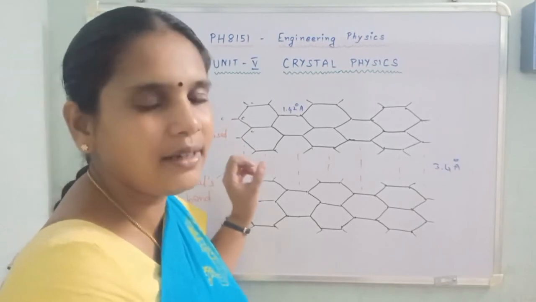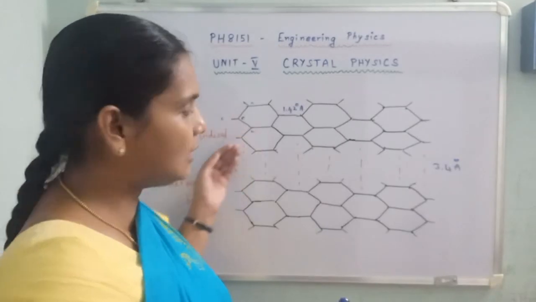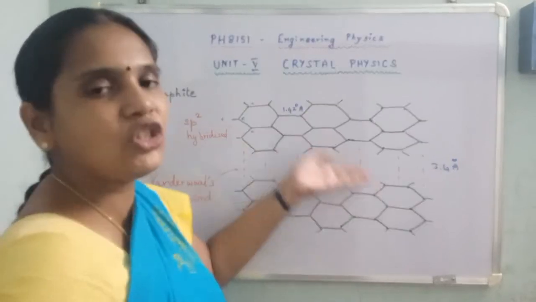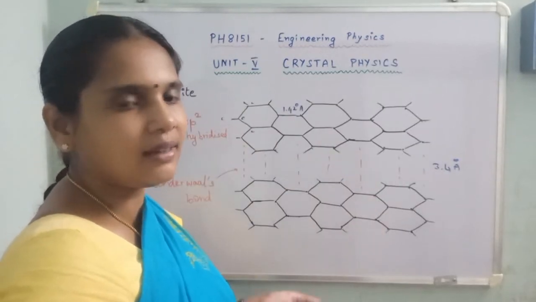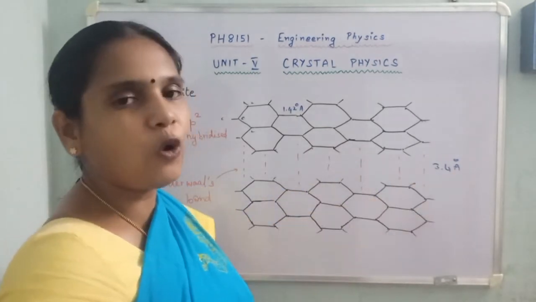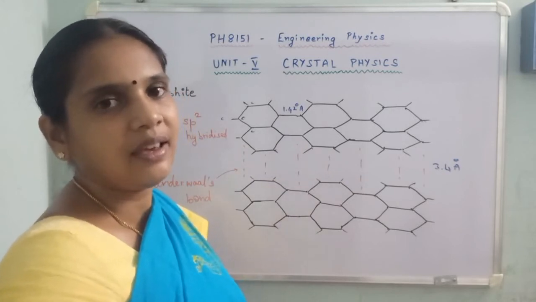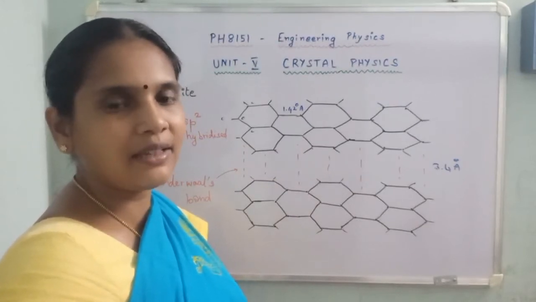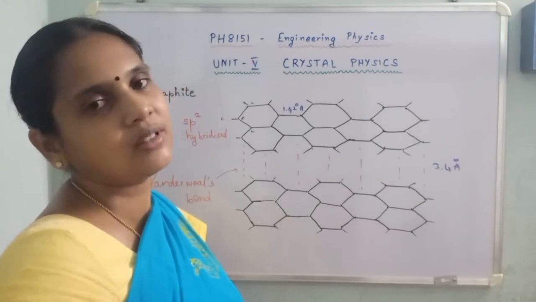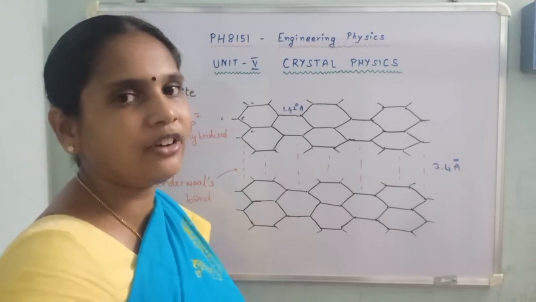There is 1 delocalized electron for every carbon atom, and these delocalized electrons form a weak van der Waals bond between sheets. Note that the interplanar spacing is 3.4 angstrom between the sheets. Hence, graphite is very soft and the delocalized electrons account for the good conductivity of graphite.